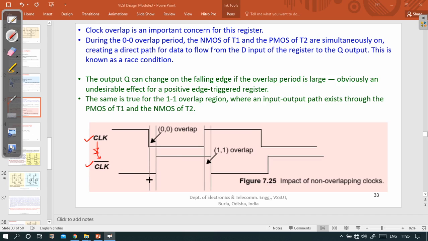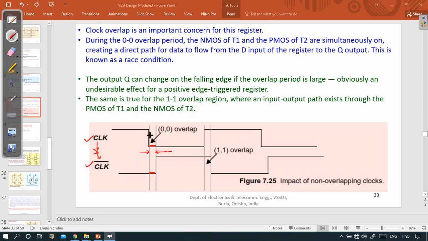Look here, if there is a delay introduced in the clock bar path, then there could be a situation when clock and clock bar are both 0 at the same time, which is not desirable at all. For this time window, the value of clock is 0, and the value of clock bar is also 0.